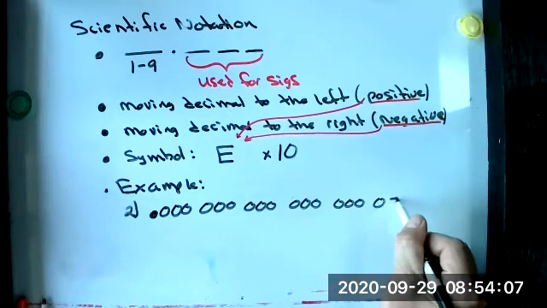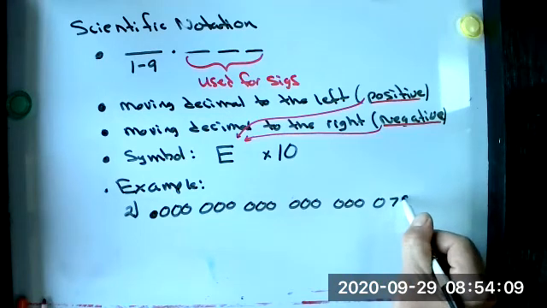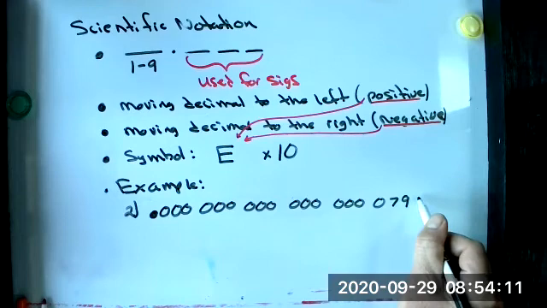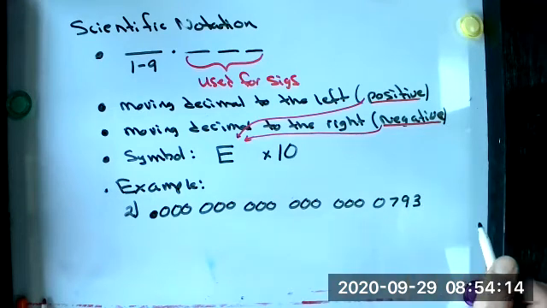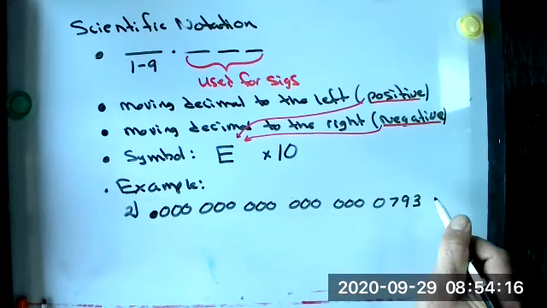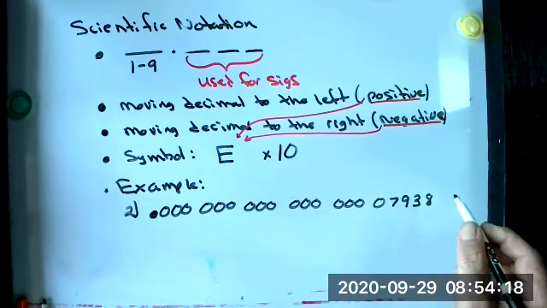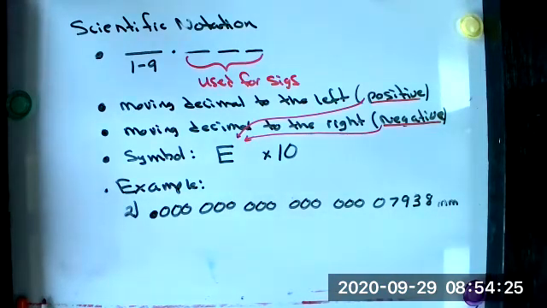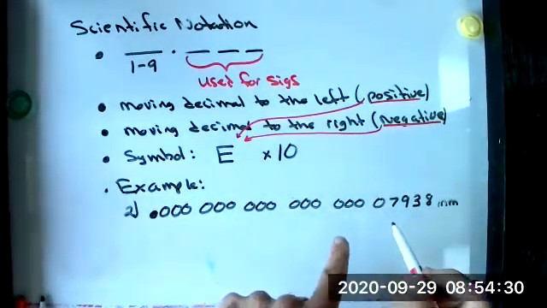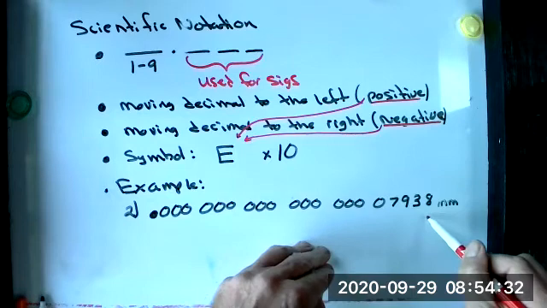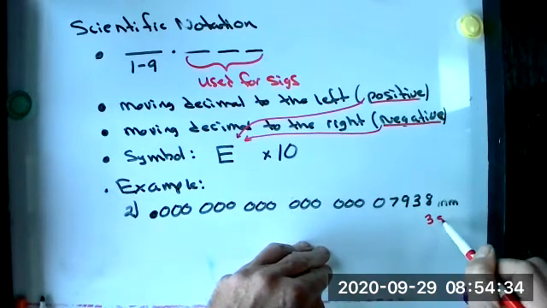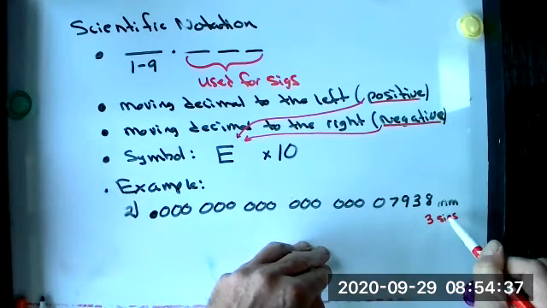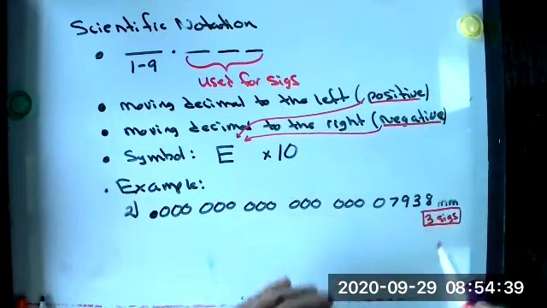Let's go 7, 9, 3, 8. I'm just going to say it's millimeters. And let's say you have to turn this into 3 sigs in your final answer.